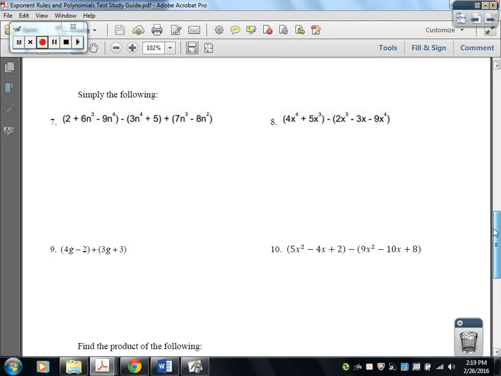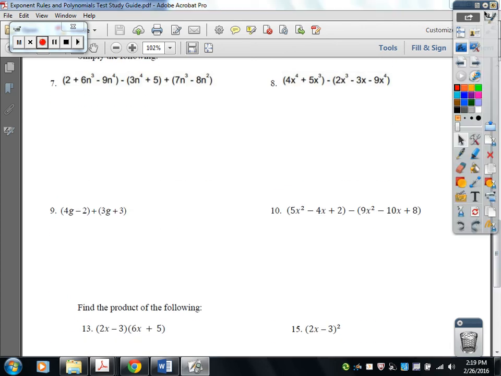Alright. This guy, this negative, so this is going to change this to 2 plus 6n cubed minus 9n to the 4th minus 3n to the 4th minus 5 plus 7n cubed minus 8n squared.